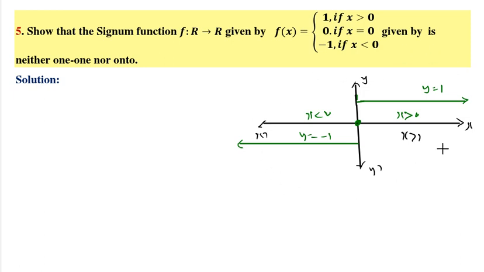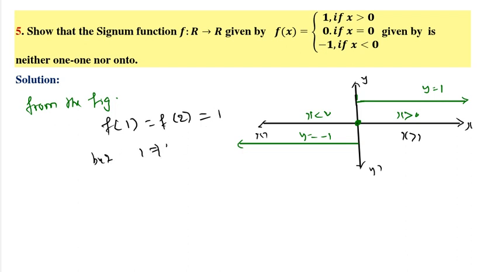Based on this signum function and graphical representation, we can conclude easily. From the figure, f of 1 and f of 2 are equal to 1, but the pre-images 1 is not equal to 2, therefore f is not a one-to-one function. f is not injective.